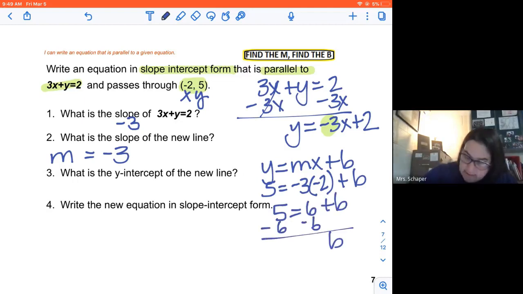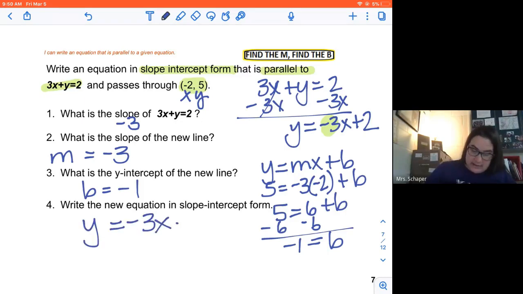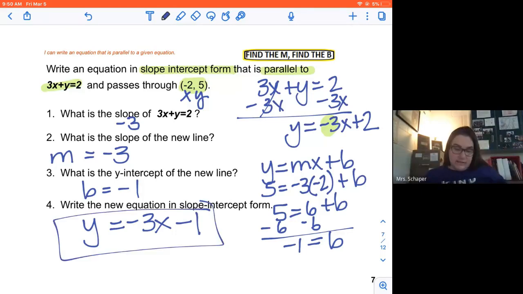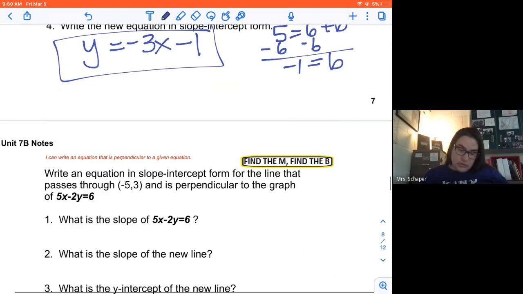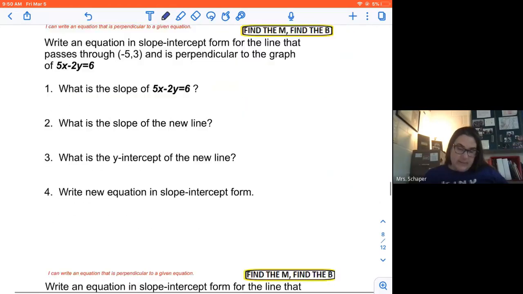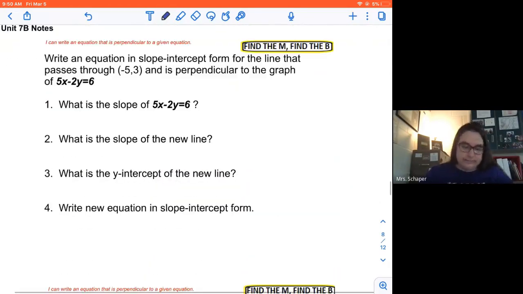Subtract 6. b equals negative 1. So the y-intercept is negative 1. The new equation, y equals negative 3x minus 1. So again, the process is very similar to what we've been doing. We're going to do one more example, I think, and then this video will probably be good.